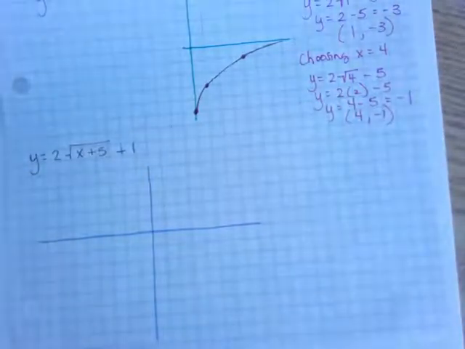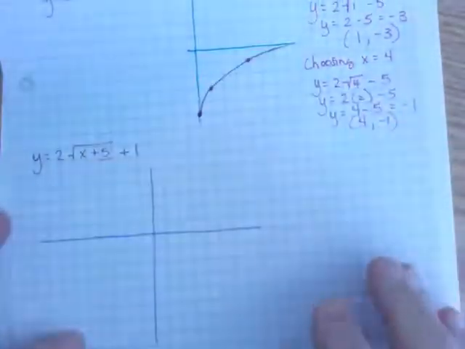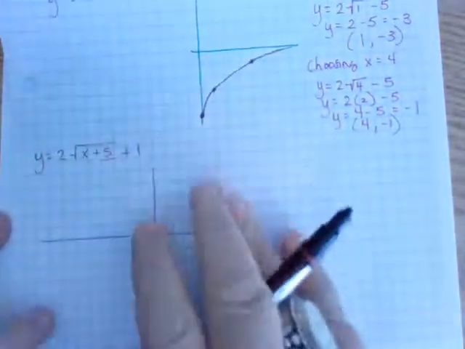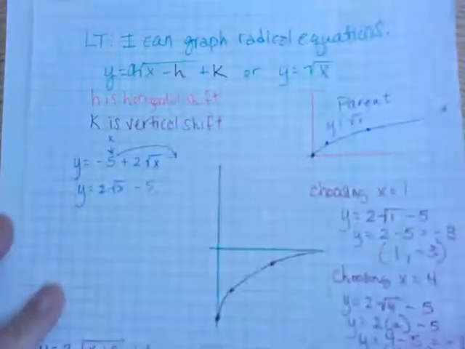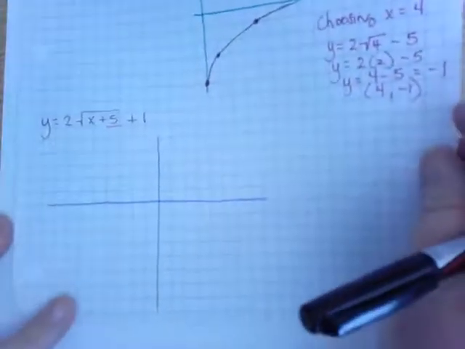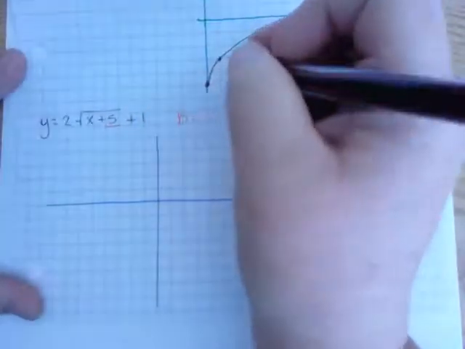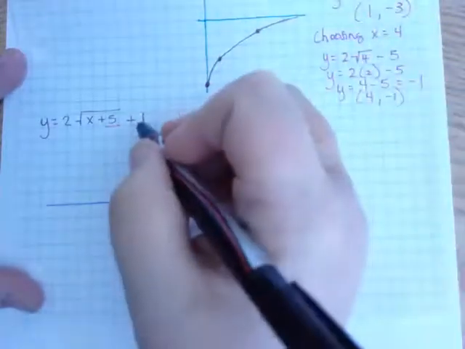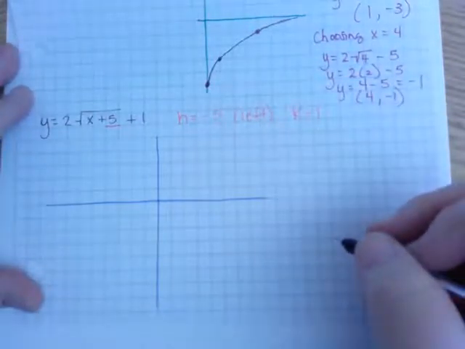Okay, for this equation, we do have an h and a k. Our h is 5, and actually, because the original function says minus h, we're going to say h is negative 5. H equals negative 5, meaning that I have a shift to the left. Okay, my k is 1, so I have a shift up 1.